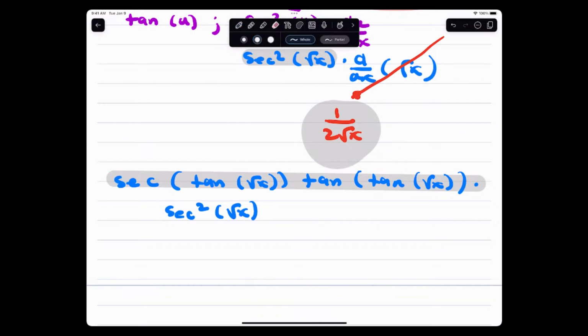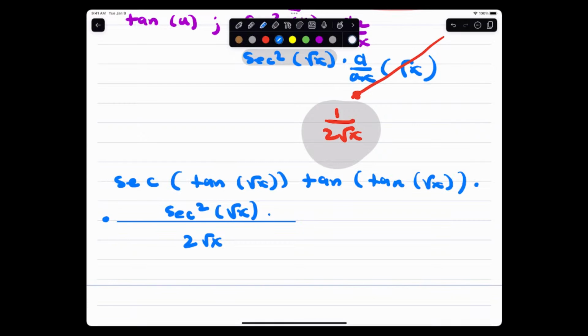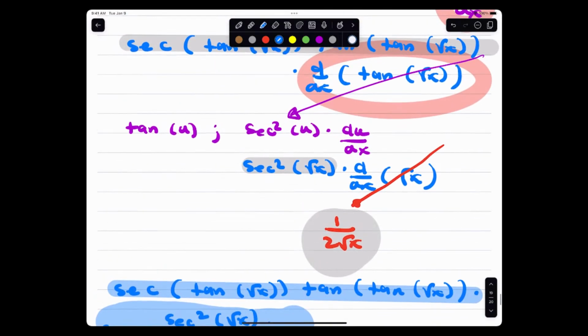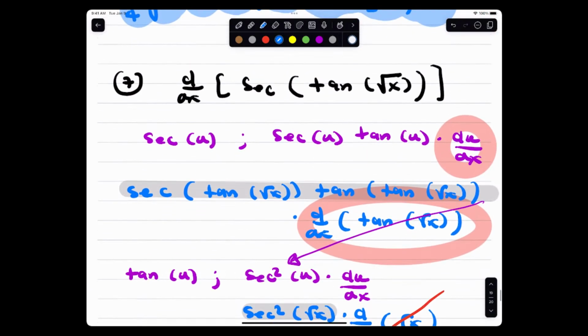Darn it, it's going to be odd notation. I'll put it as a denominator, but don't forget this is the multiplication here and here. We just don't have enough space here. So there you go.